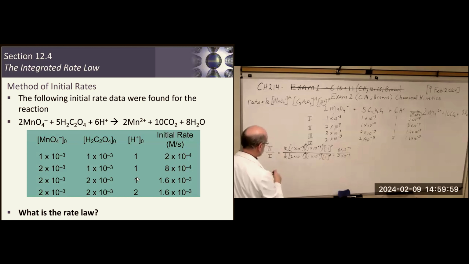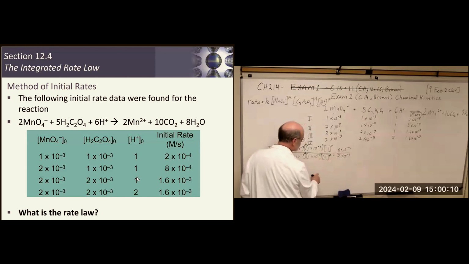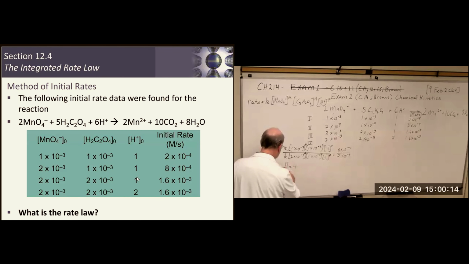I guess that's okay. These 10 to the minus 3s cancel and you have 1/2, right? 1/2 equals 8 divided by 2. So that's 4. Only this one is M.